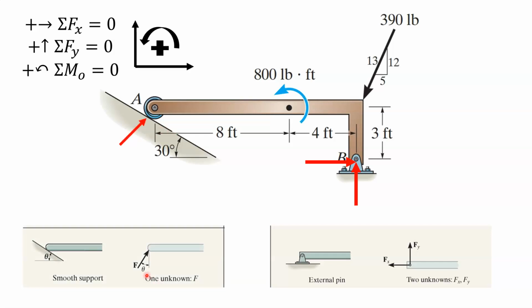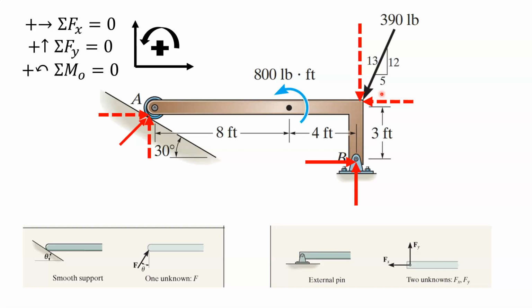I should have drawn this with the angle of theta, but if we're summing up the forces in the X and Y, we're going to want to see the X and Y components at A. So we got an A of X and an A of Y. And while we're at it, I went ahead and broke the 390 pounds into an X and Y component. So if we look at it through that lens, we know what the support reactions are, and we know what's going to generate a moment coupling.